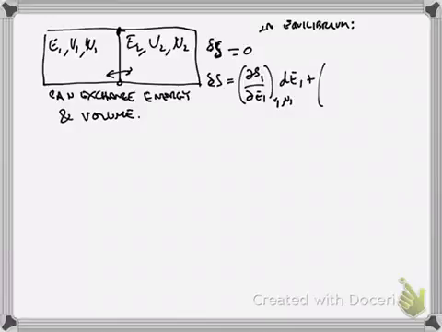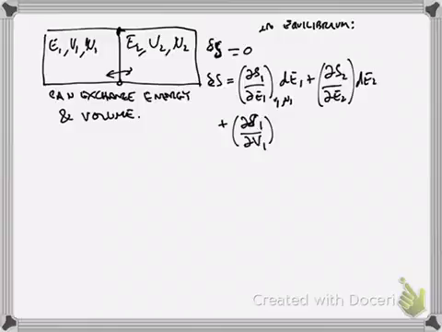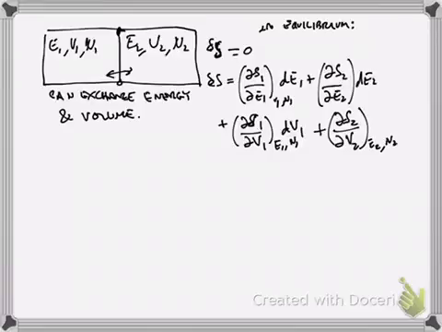And then, of course, we have what we already had, partial S2, partial E2, dE2. But now we're also going to have, because the other way the entropy can change if we can exchange volume, partial S1, partial volume 1 at constant E1 and N1, that's new, dV1, plus partial S2, partial volume 2 at constant E2 and N2, dV2. So we already had these two terms, and now we've added these two terms.